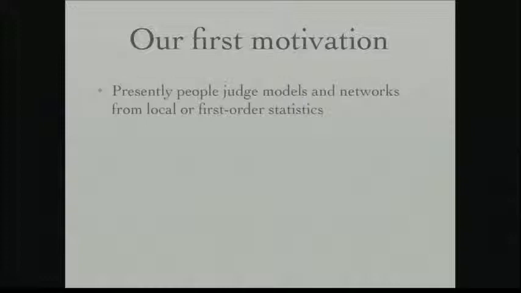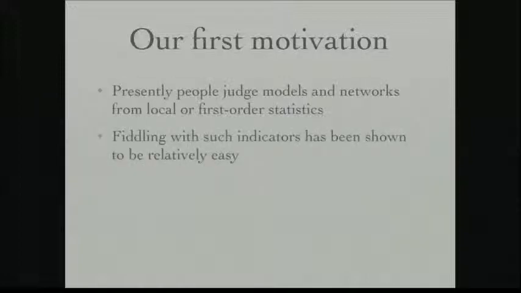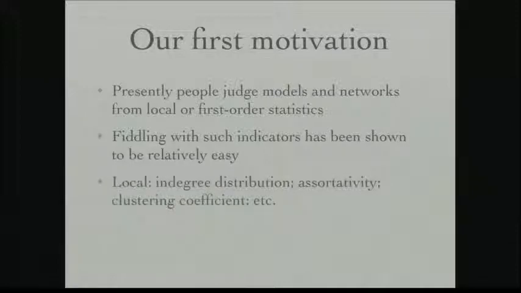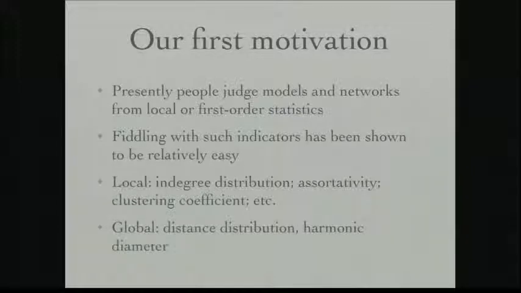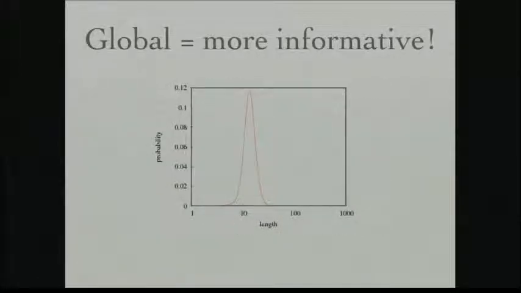Our first motivation, as I said, is that we judge the goodness of models for networks using local first-order statistics. We now have the knowledge to generate more or less everything we want, like degree distribution, assortativity, and so on. So we will try to get something a little more global, like the distance distribution and the harmonic diameter, which is the harmonic mean of all distances, including infinite ones. This is very important when you measure something like the web, in which a lot of pairs of nodes are unreachable.